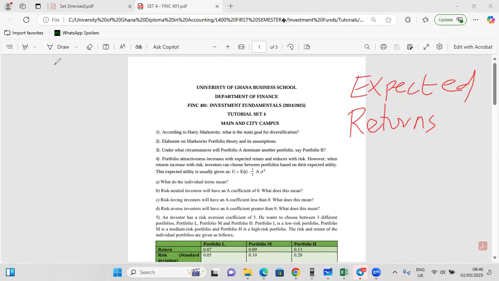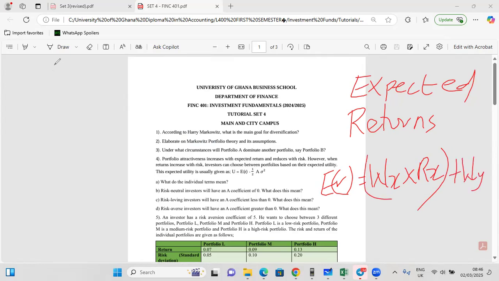So basically what it means is that the ER is equal to the weight of asset X times the return of asset X, all plus the weight of asset Y times the return on asset Y, right? So that is what it means for the expected returns, right?